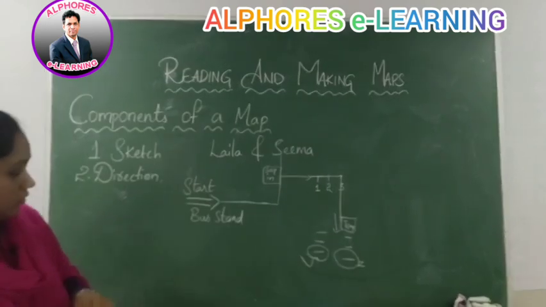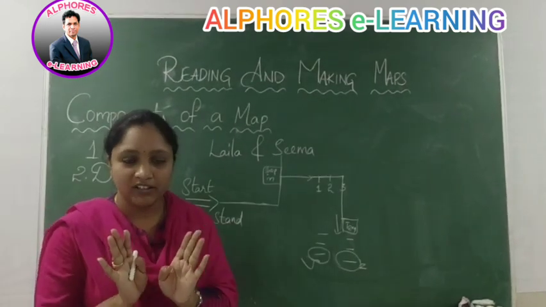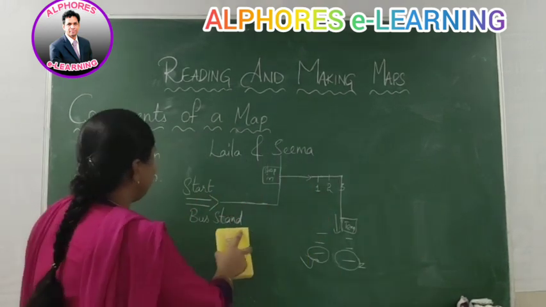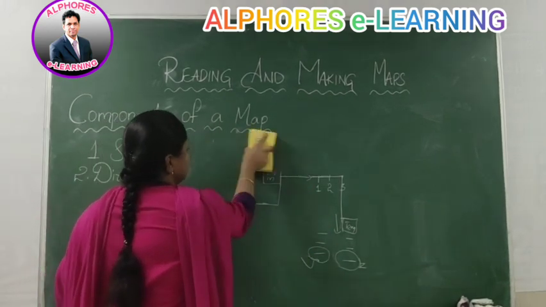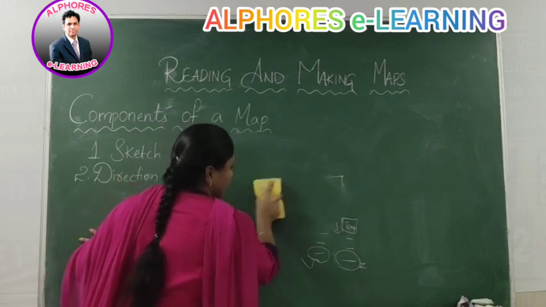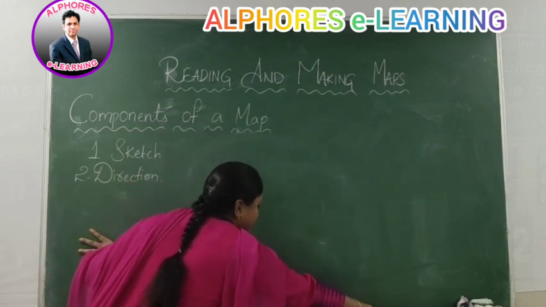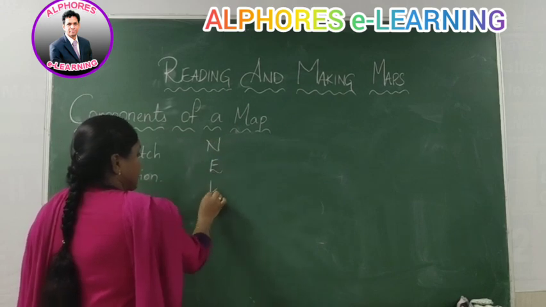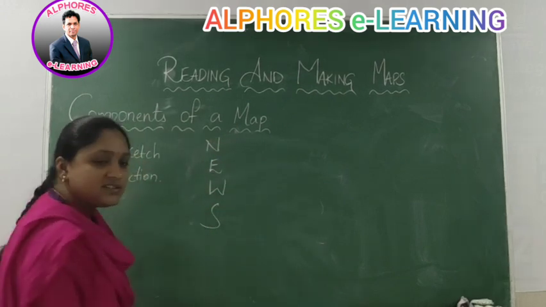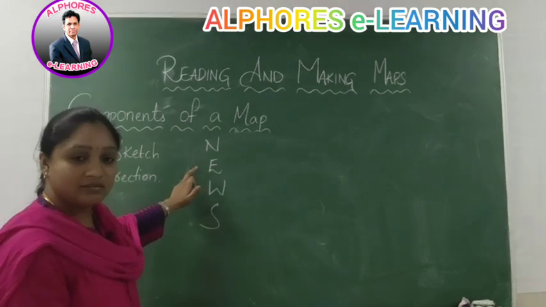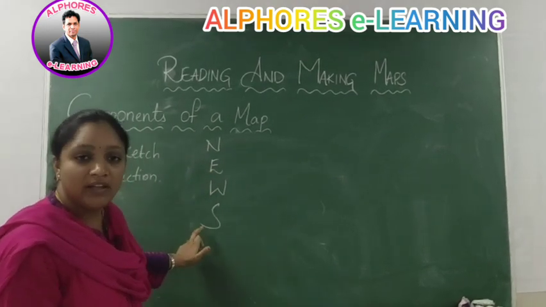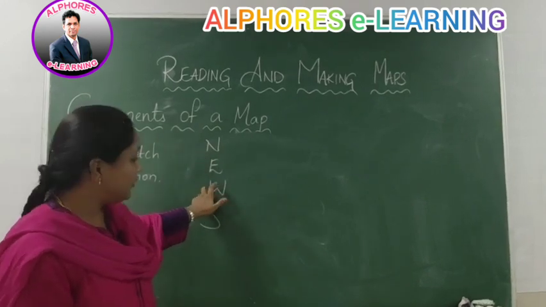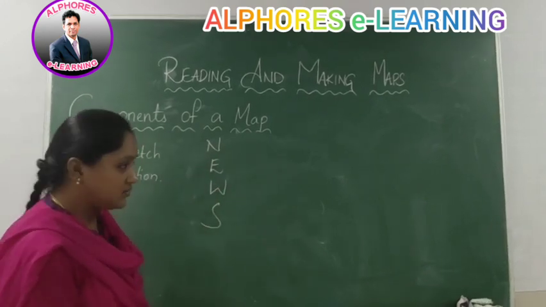As you all know, you know the different directions that we have, right? I hope that everyone knows this direction in the form of this. What is this? N-E-W-S, news, right? N-E-W-S, news.